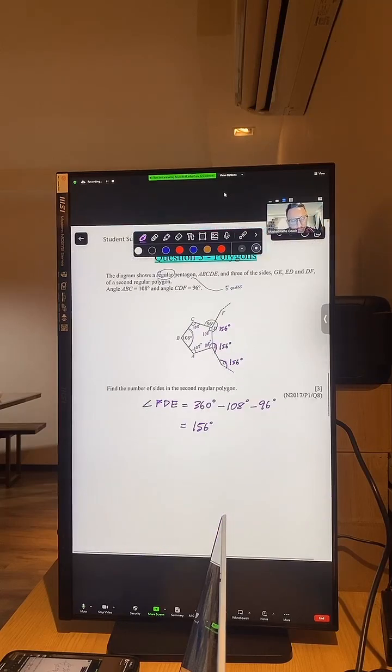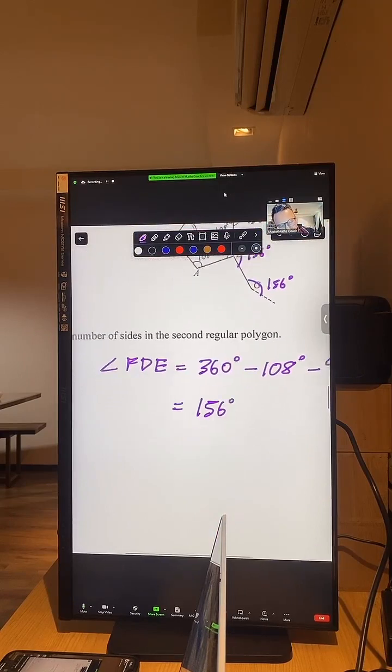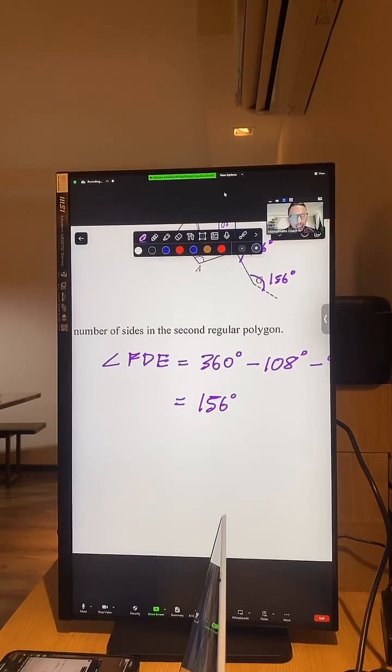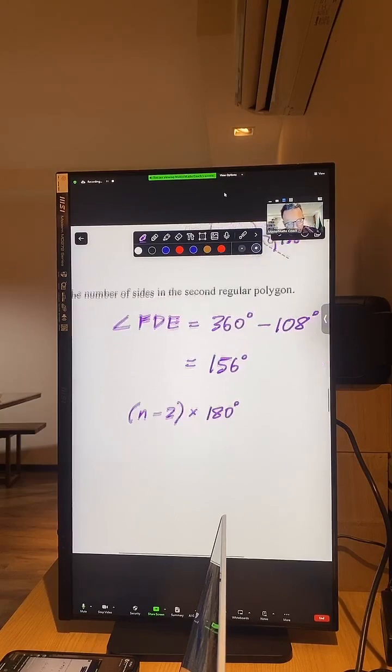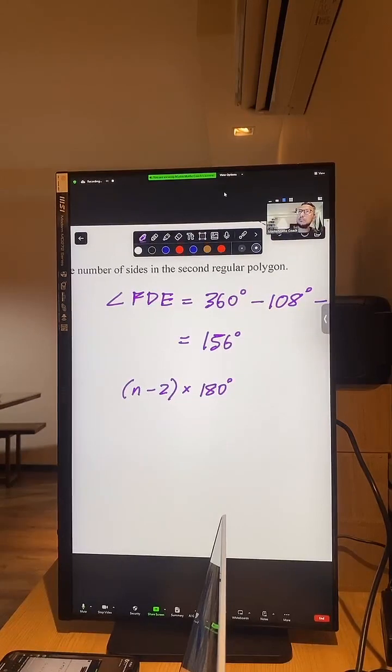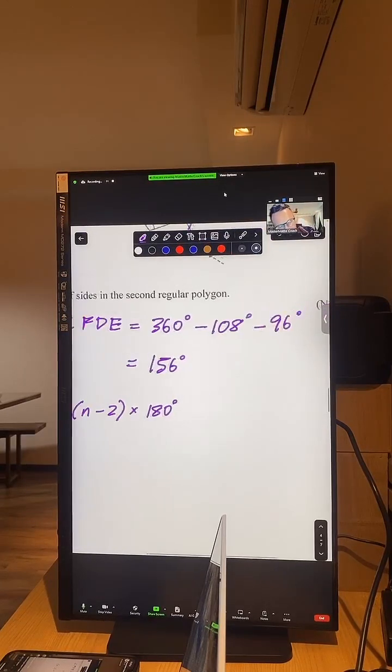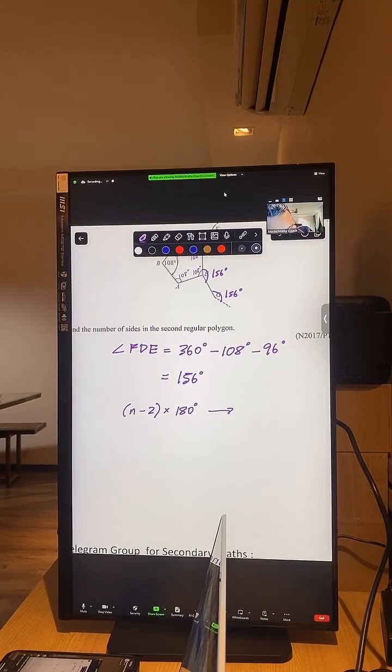Now, for a regular polygon, in fact for any polygon, the sum of internal angles is this formula: number of sides minus 2, times 180 degrees. This I will show you in the next page. Okay, n minus 2 times 180 degrees. This will give me the sum of angles in a polygon.